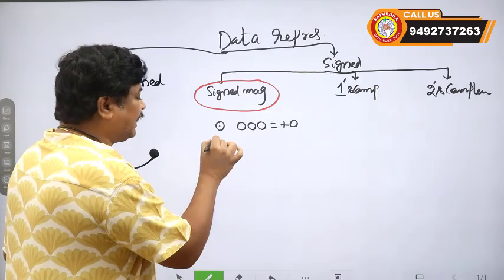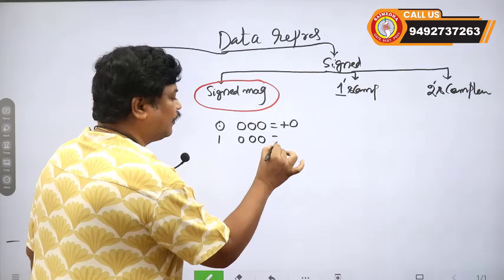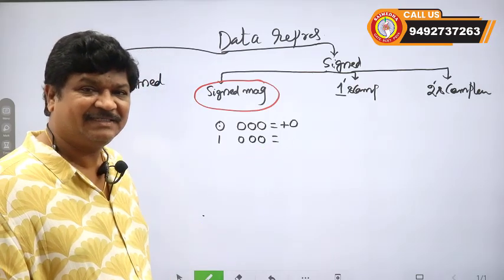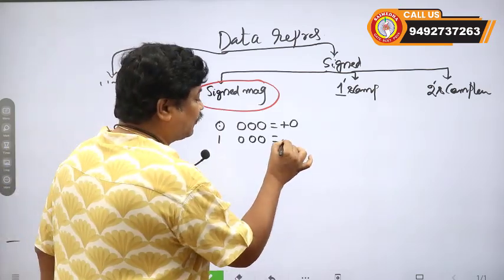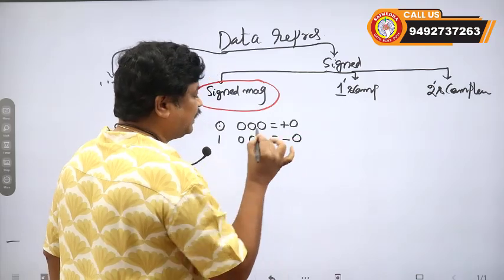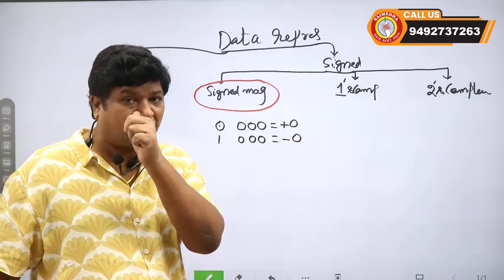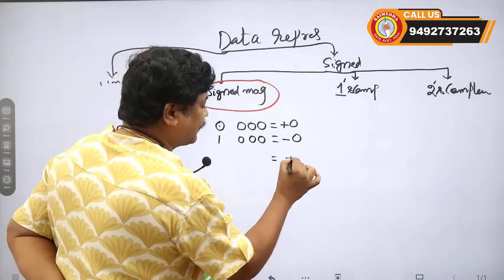Same thing, if I write 1, 0, 0, 0 here, what is this value? It is minus 0.